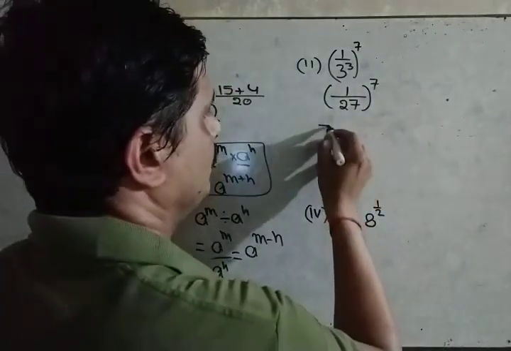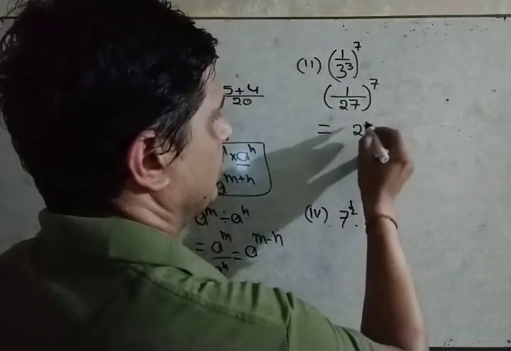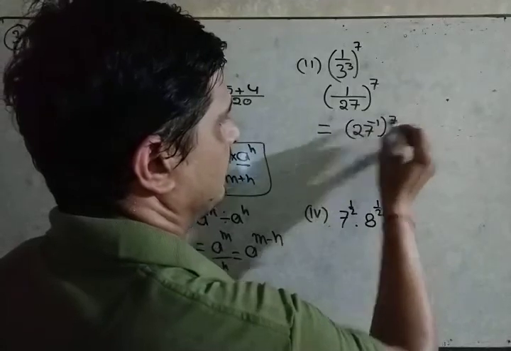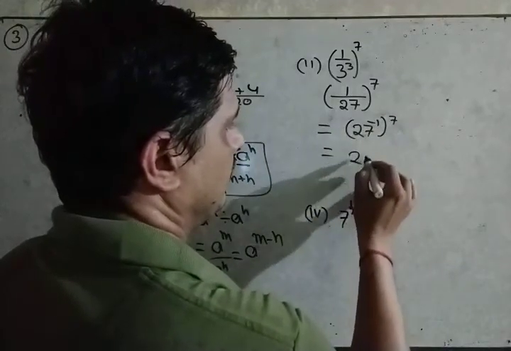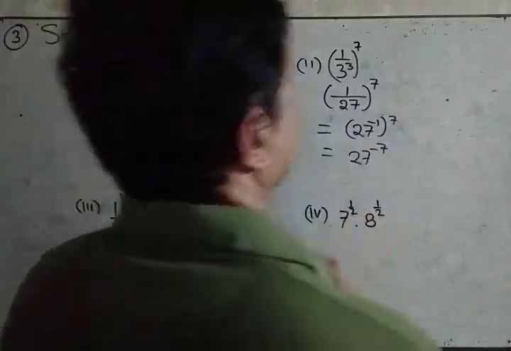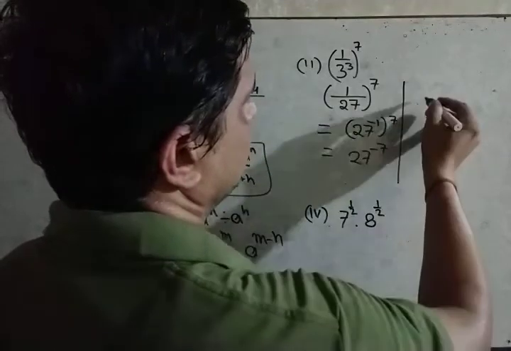So you need to write like this: 27 minus 1, 7 outside, and 27 to the power minus. You can directly do this question like this.